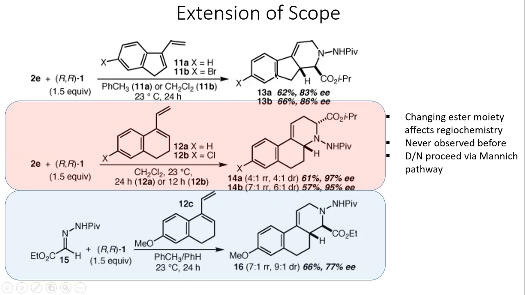And with that, you can see right here, you get 62% yield and 83% EE in toluene, or 66% yield and 86% EE in dichloromethane. And this is the product, right?